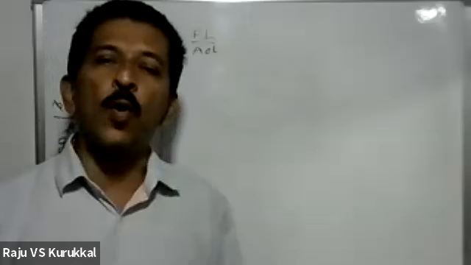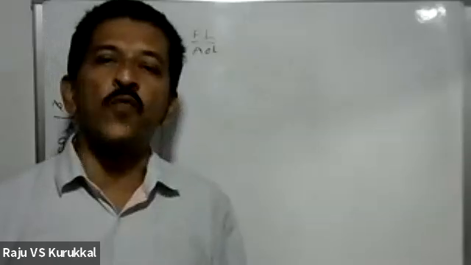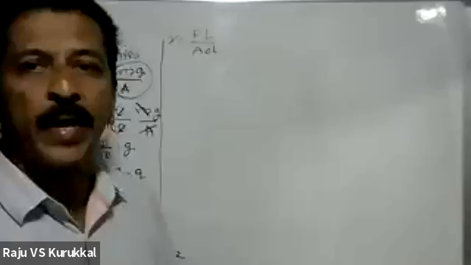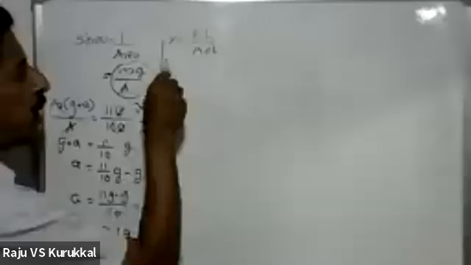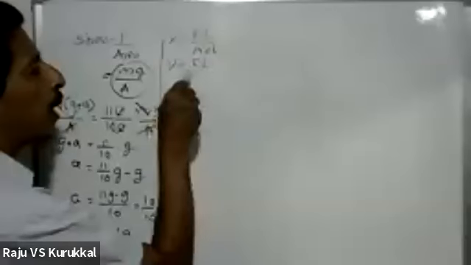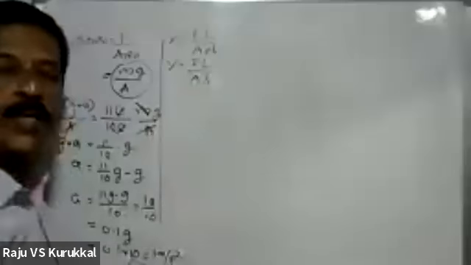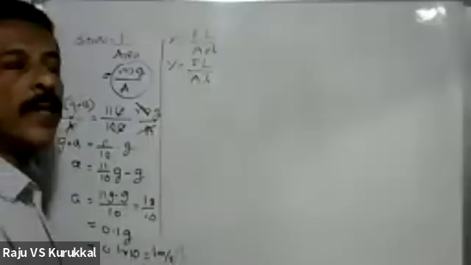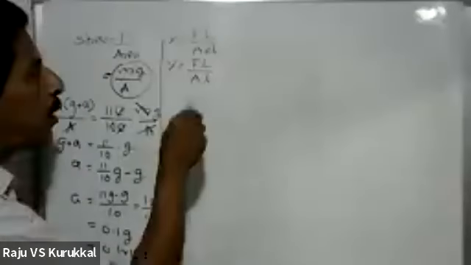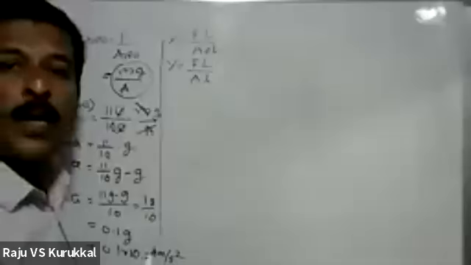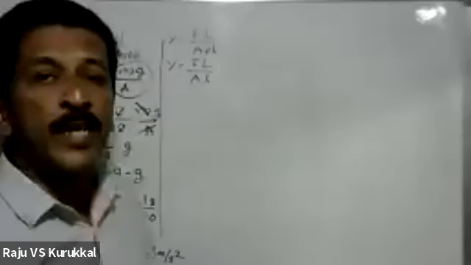And Young's modulus can be written as Y is equal to F into L divided by A into change in length, delta L. And what is the area for a cylindrical wire?